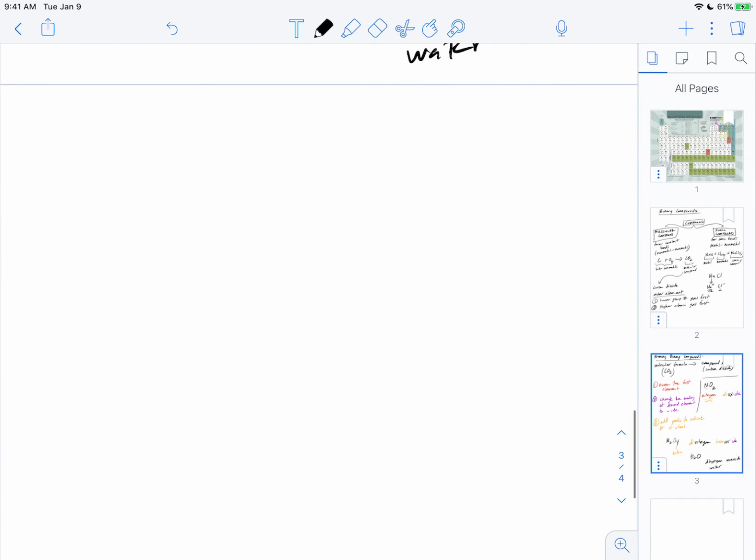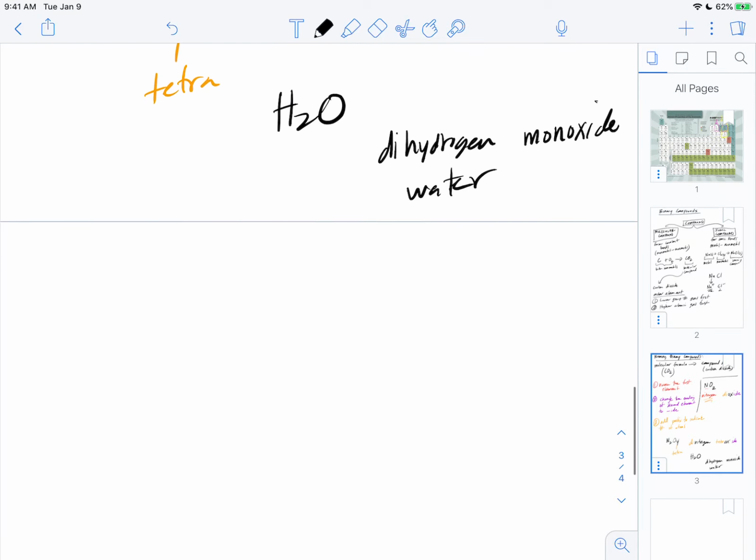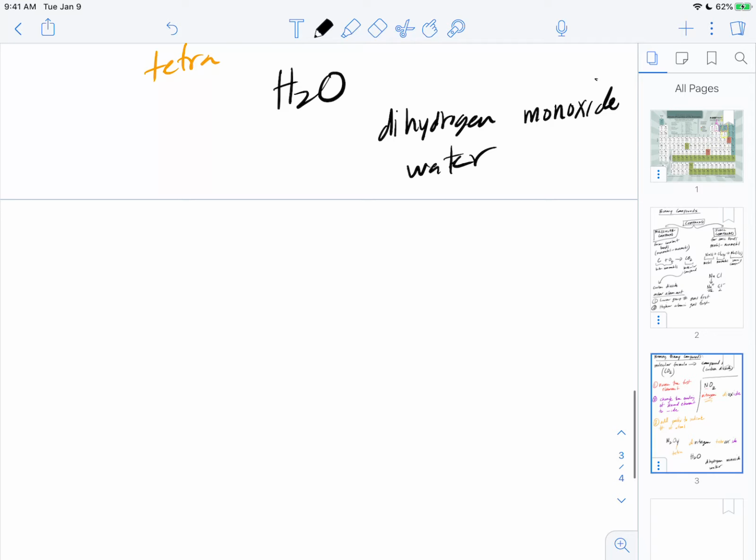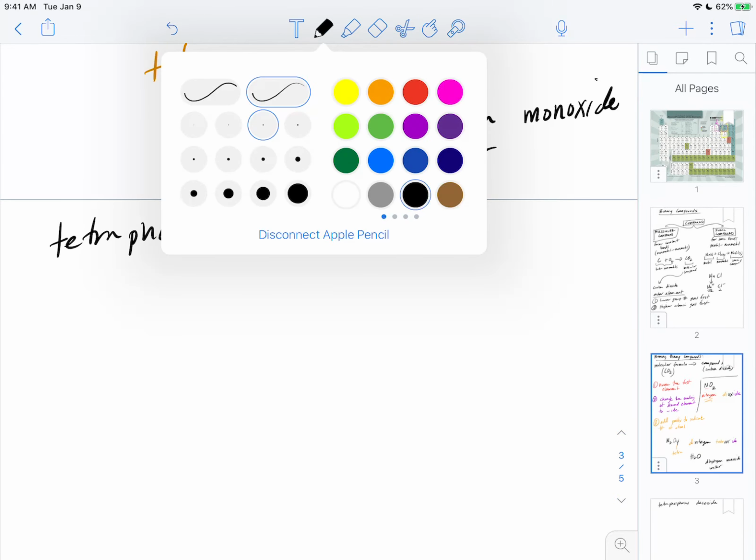Okay. So lastly, we will talk about naming ionic compounds. I think ionic compounds are a little bit easier to name. Oh, let's do one. Let's go the other way. So if I said tetraphosphorus decoxide, I think it's easier to go this way.